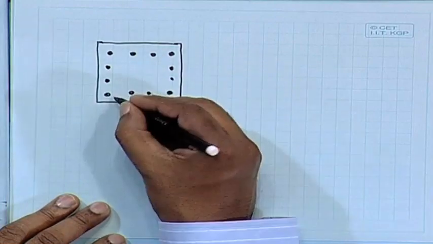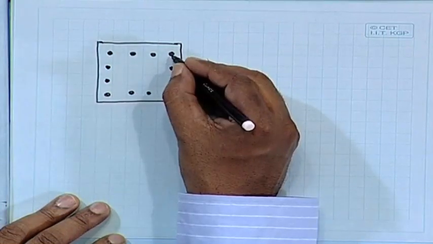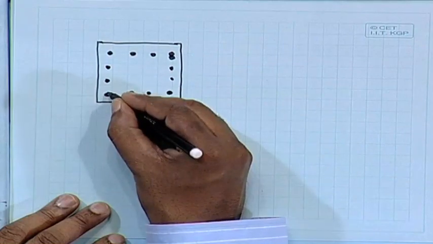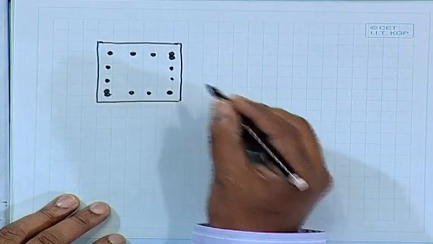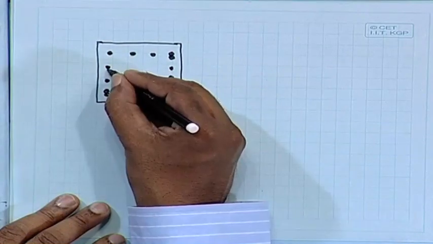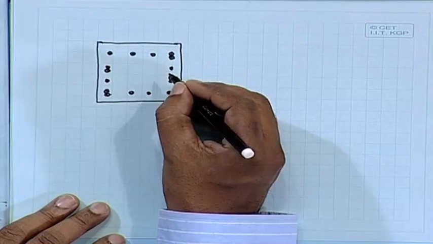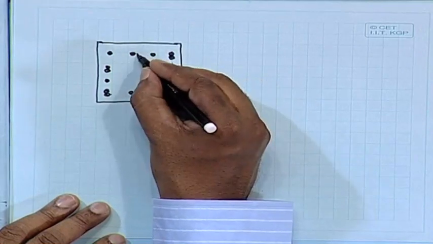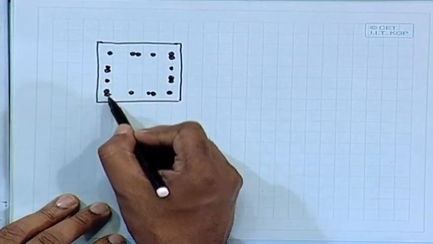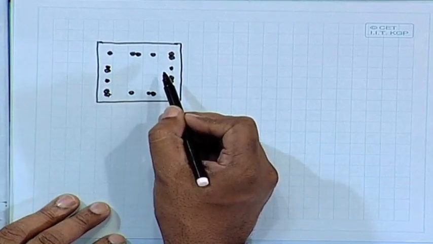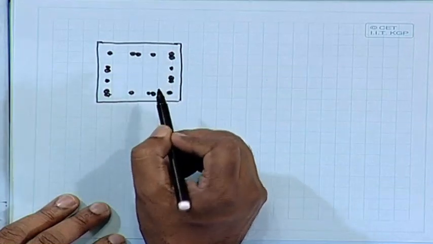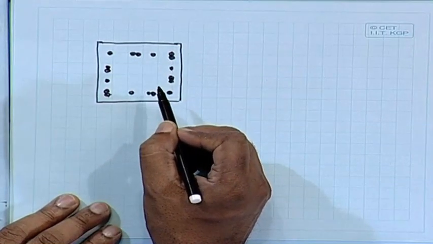Let us say we have this bar and this bar. So, I can provide 1 bar here, then 1 bar here. Similarly, I can have 1 bar here, 1 bar here, like that it will go. Similarly, 1 bar here and 1 bar here. That means, in a particular section, because these bars are lapped, you are giving the lapping to these bars. So, at a particular section you are having 18 bars.